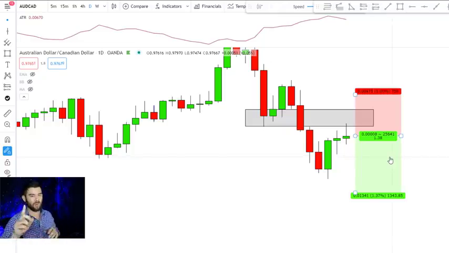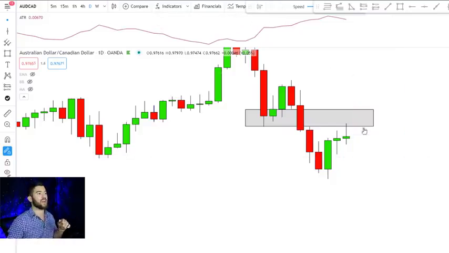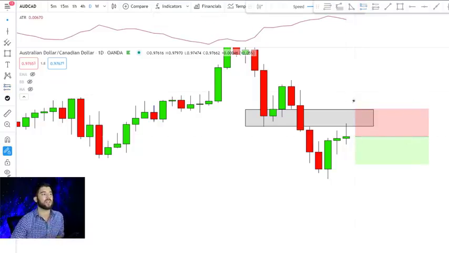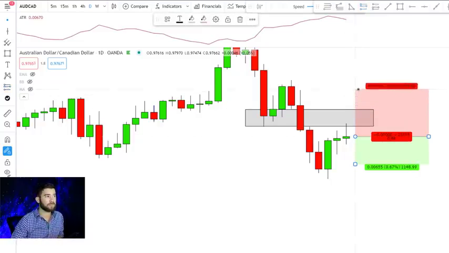This is one of the ways that I would use the ATR in order to place stop losses. Another way you can do this, a more simple way, is by saying, okay, I want a stop loss that is 2 times the ATR indicator from my entry. So that would be 134 from entry, right?